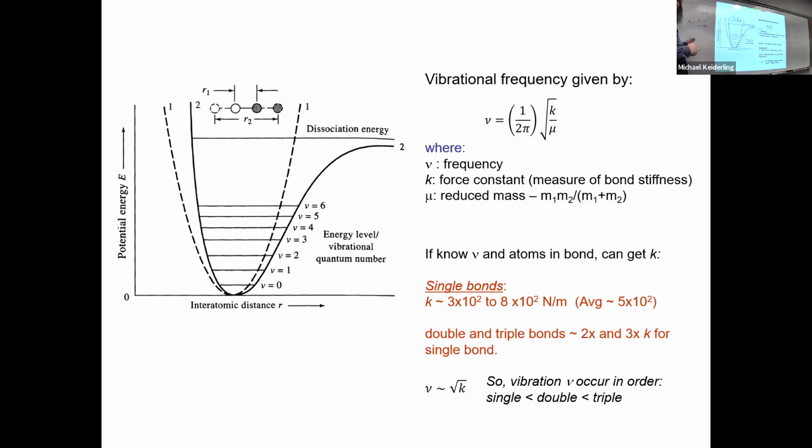This is what's known as the reduced mass. It's just the two masses multiplied together divided by the sum of them.